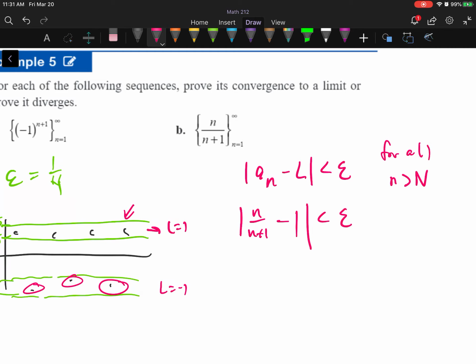Now, a nice thing here is that when we take the difference between 1 and n over n plus 1, that difference inside the absolute values would be negative. If we make the 1 into a common denominator, then we'd have n minus n plus 1 on the top. So we actually end up getting negative 1 over n plus 1 here.